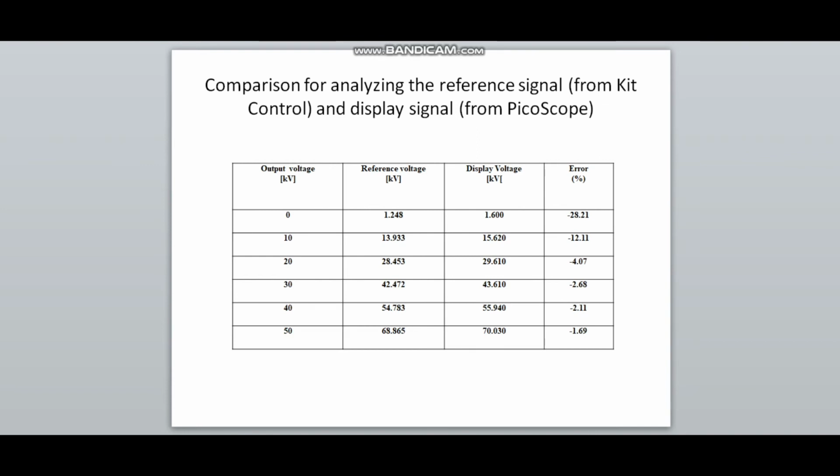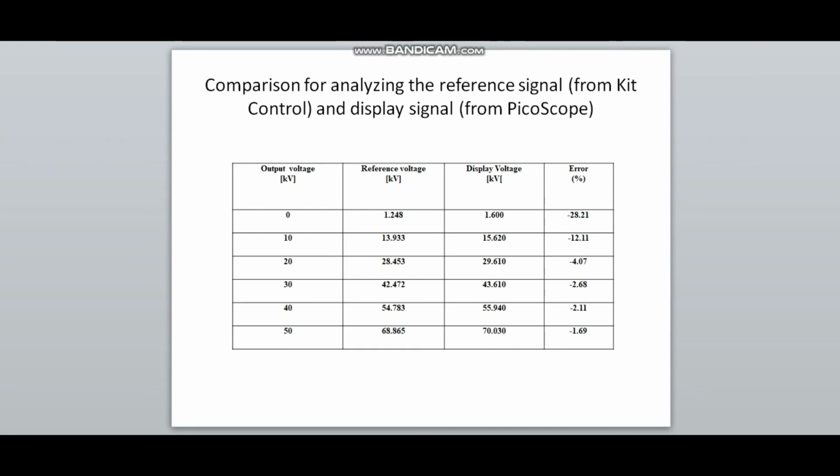12.11. For 20%, the reference voltage is 28.453 and the display voltage is 29.61. For the error, it is negative 4.07. For 30%, the reference voltage is 42.472 and the display is 43.61.